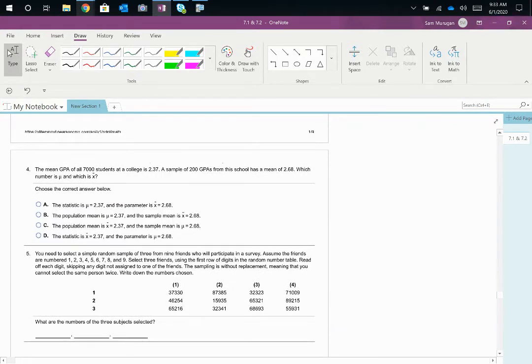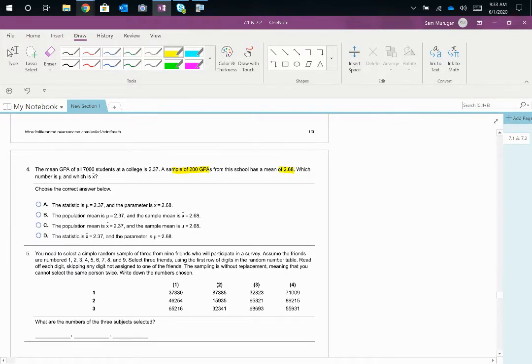More examples. The mean GPA of all 7,000 students at a college is 2.37. And then out of that, a sample of 200 GPAs is 2.68.